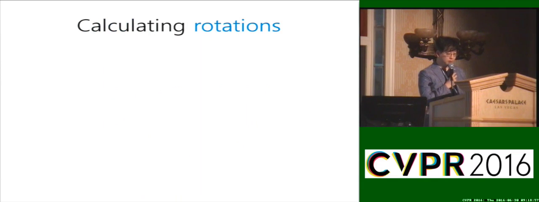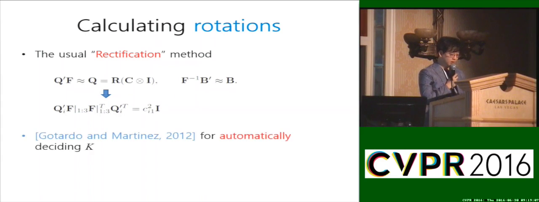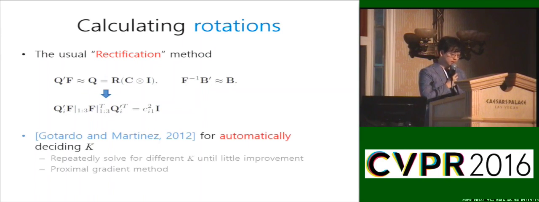It's generally composed of two parts, rotation calculation and shape estimation. The usual rectification method requires one to choose a parameter; one of the existing works provides a method to automatically choose one that is good enough.